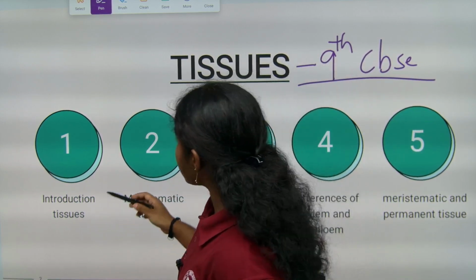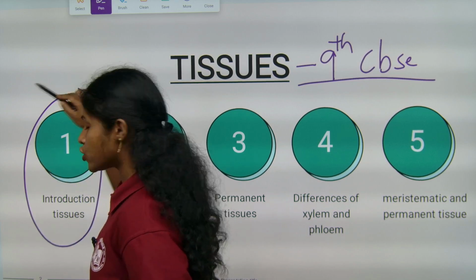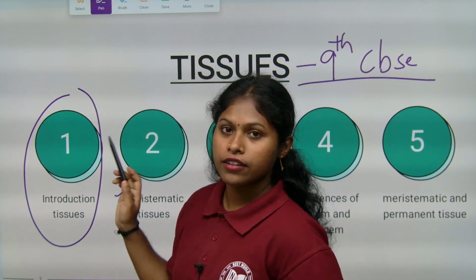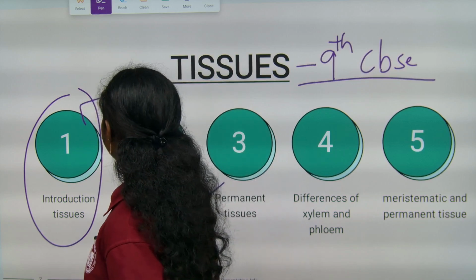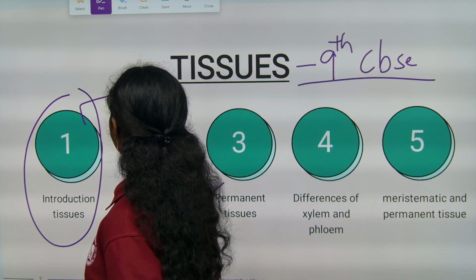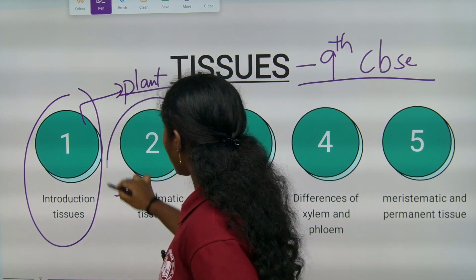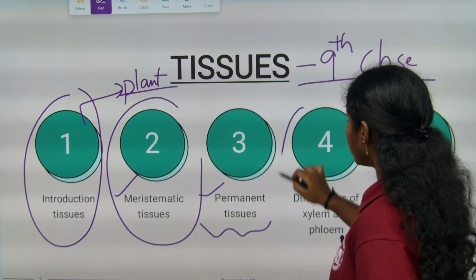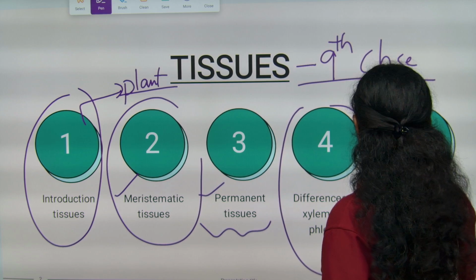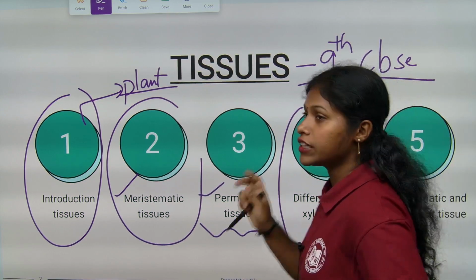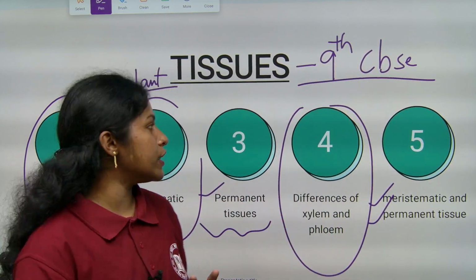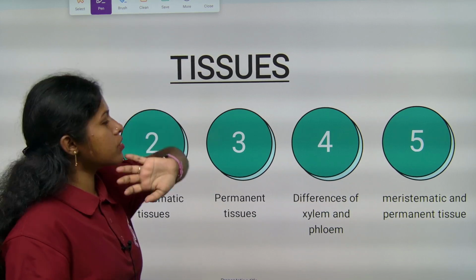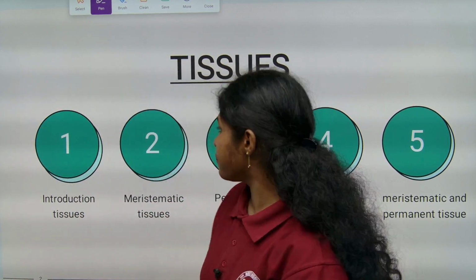We are going to discuss the introduction to tissues and then the types of tissues. We are mainly discussing plant tissues. What types of tissues are there in plants, and what are the differences between xylem and phloem, meristematic tissue and permanent tissue, right, children? We will discuss this elaborately from today onwards in the chapter on Tissues.